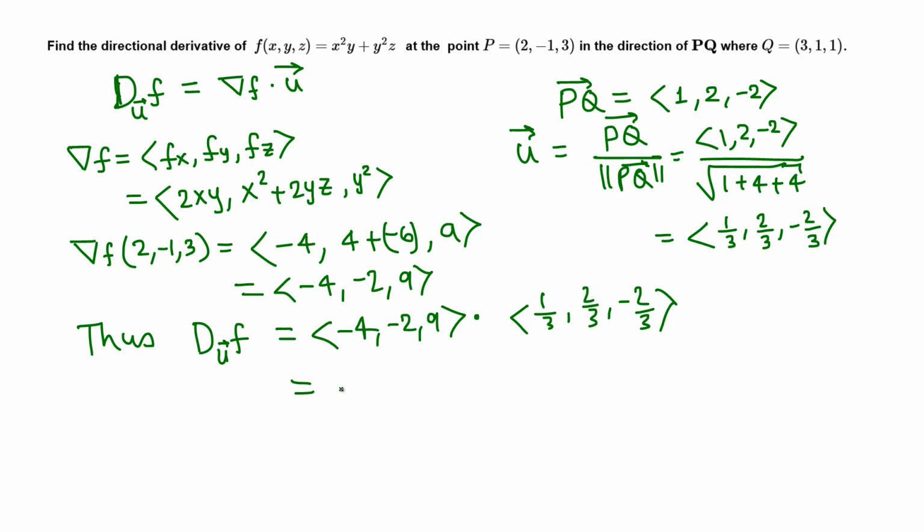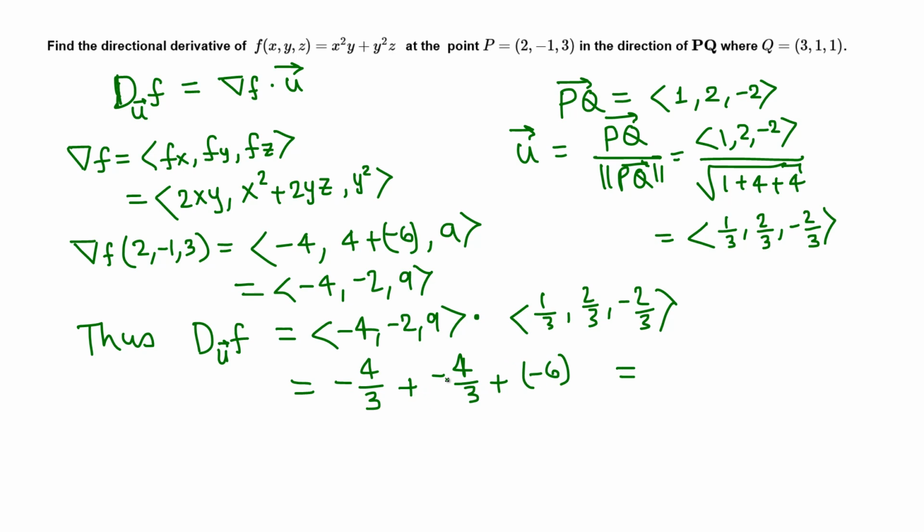Negative 4 times 1/3, negative 4/3 plus negative 2 times 2/3, negative 4/3 plus 9 times negative 2/3, 3 goes into 9, 3 times negative 2, negative 6.